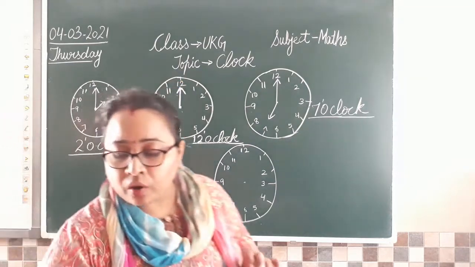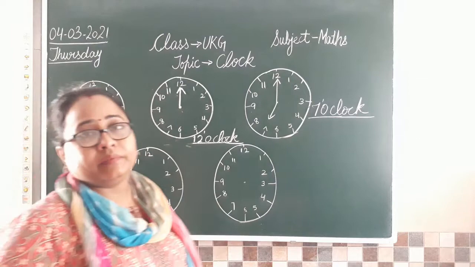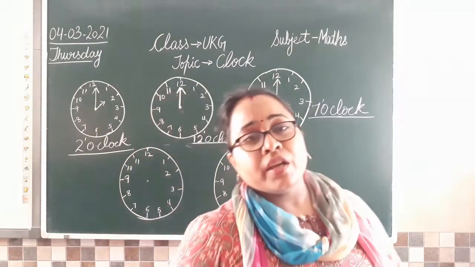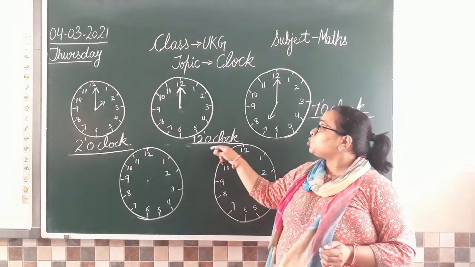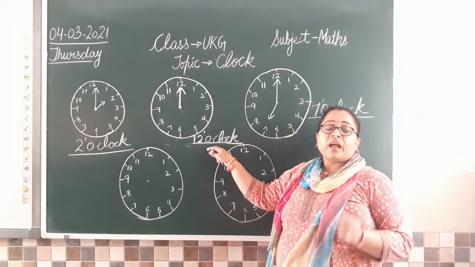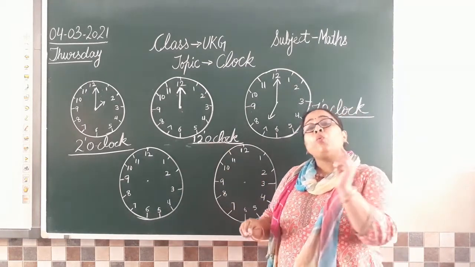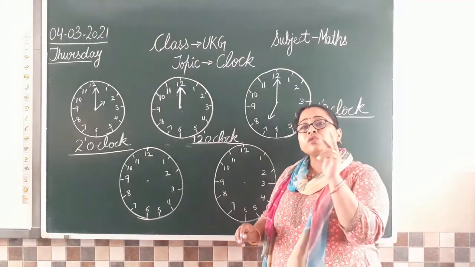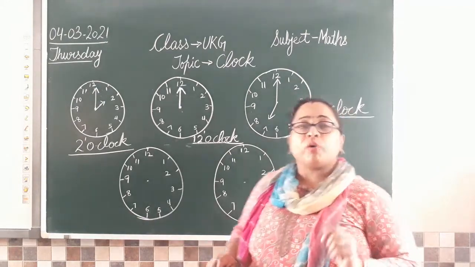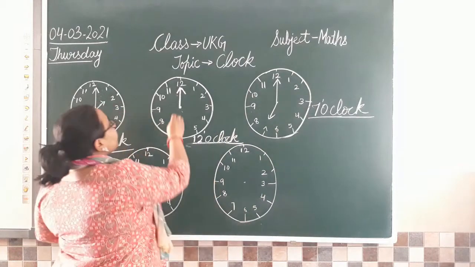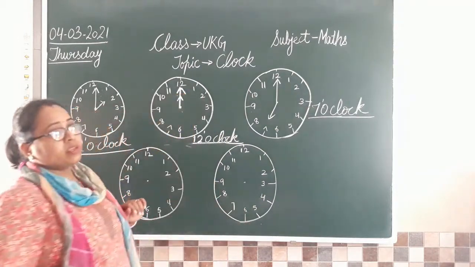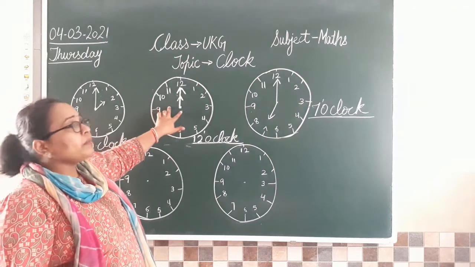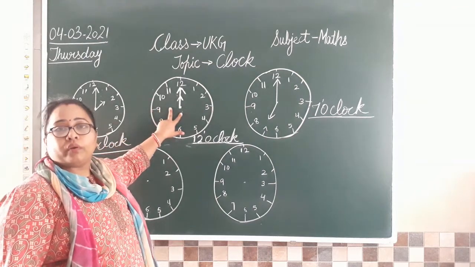Now where are you going to draw the short hand? बताइए, short hand कहाँ point करेगा? When you have to show 12 o'clock. Again, the short hand will also point towards 12. अब वो कैसे करेंगे? इसी लाइन में आप थोड़ा सा नीचे you can draw one arrow like this. This means the time here is 12 o'clock.